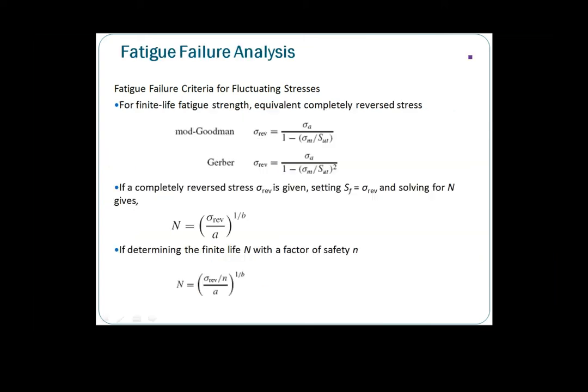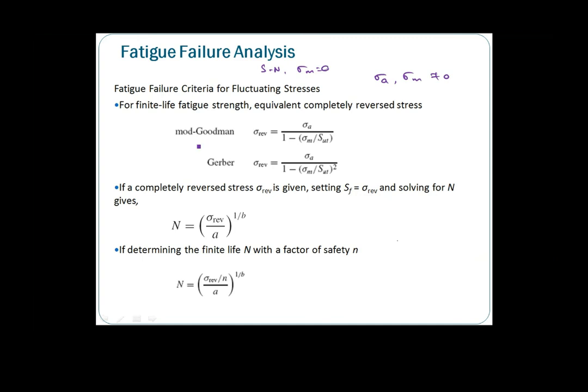In this case, because it is a fluctuating stress, we have a sigma A, and sigma M is non-zero. And the SN curve is for where sigma M is zero.